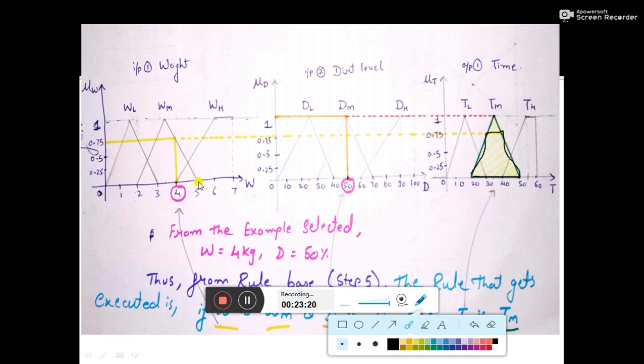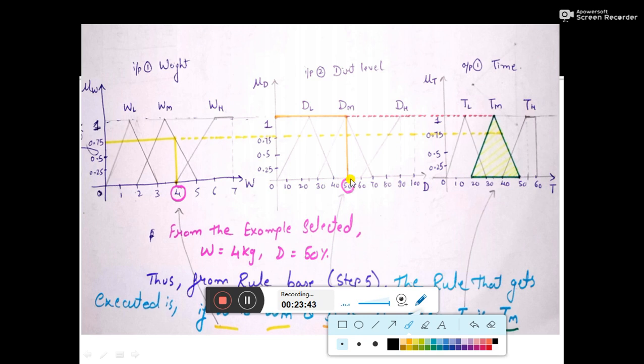So in the earlier case, our value is 4 kgs, which has been projected on this part, and then 50% from the dirt level, which is projected on the medium. So alpha cut becomes equal to 1. So in that case, the entire triangle has come into picture.